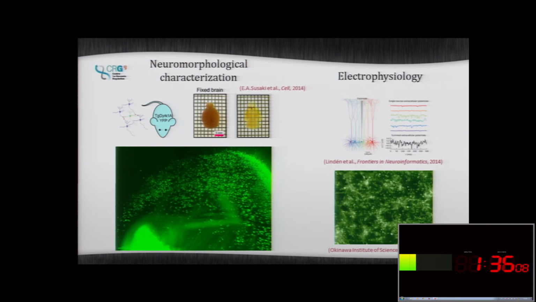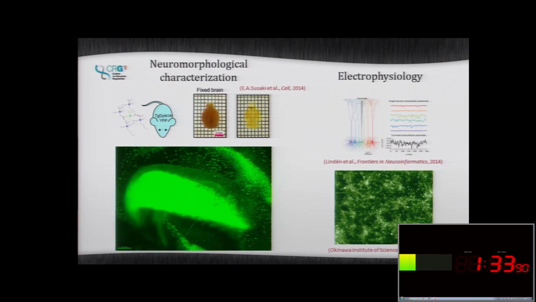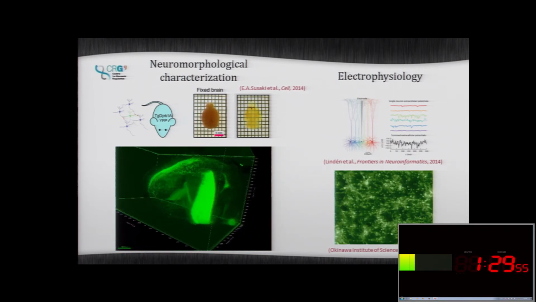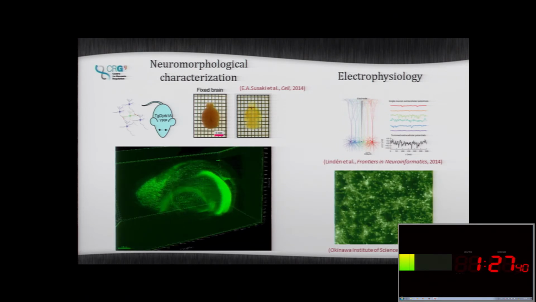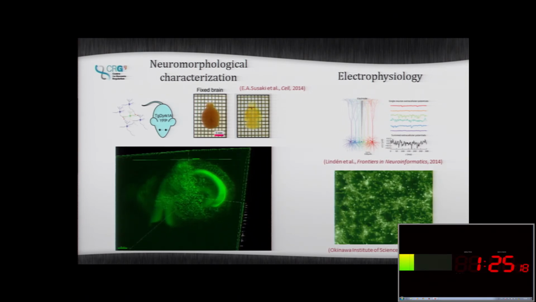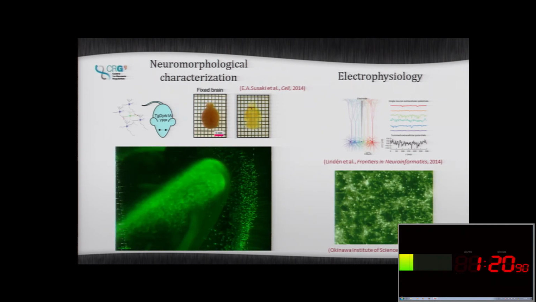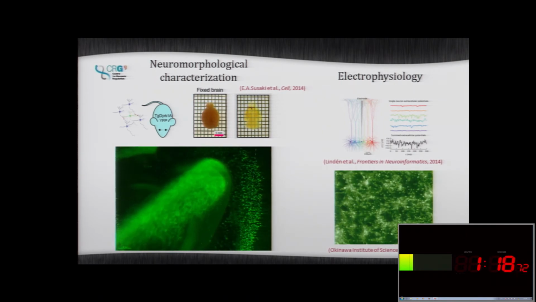On the other hand, what we are doing is looking at the activity before fixing the samples, and we use electrophysiology, both with local field potential recordings that give us information of the intrinsic behavior of groups of neurons, and also calcium imaging that gives us information about how the signal is transmitted along populations.